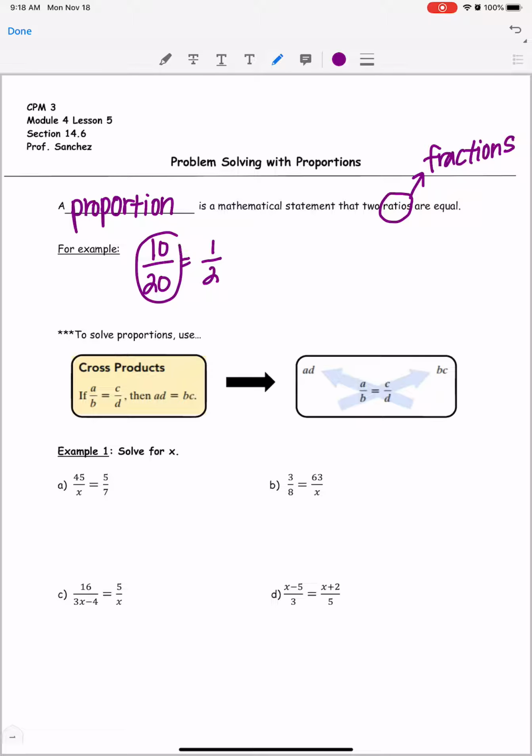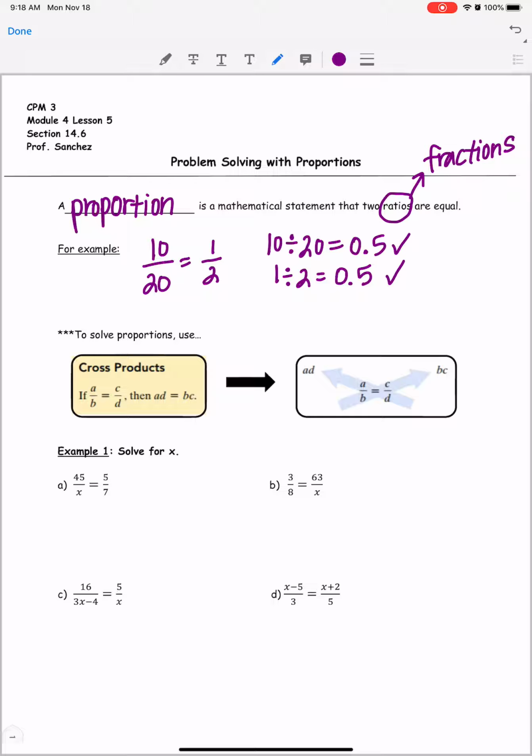It says this fraction is equal or equivalent to this other fraction. And you can check these in your calculator. If you do 10 divided by 20, you get 0.5. And then if you do 1 divided by 2, you again get 0.5. So because these are equivalent, these are proportions.